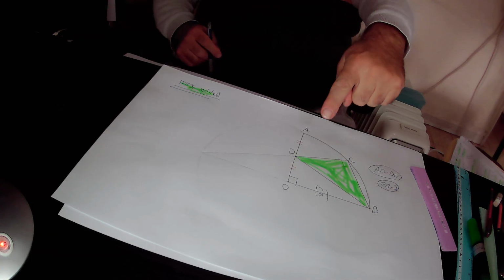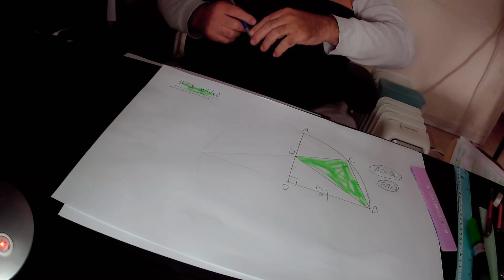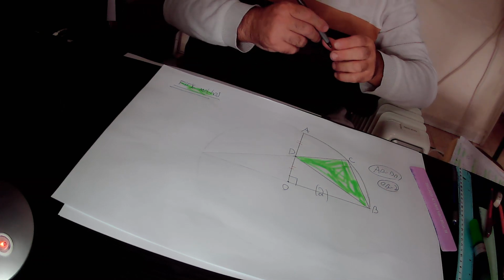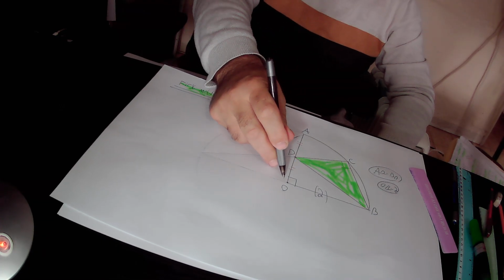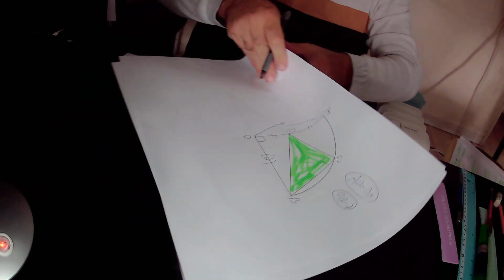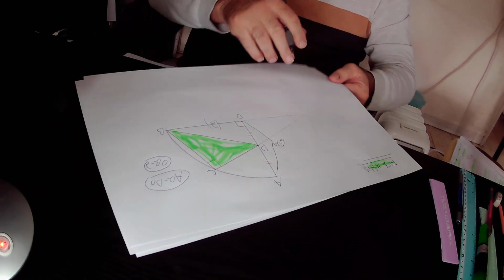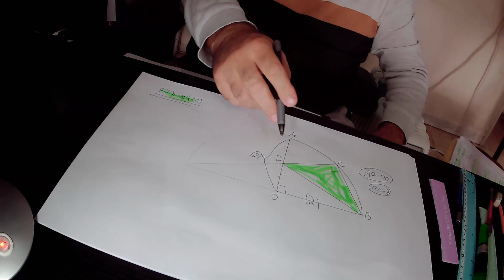The radius OB equals 2, and therefore the radius OA must also equal 2 units in length.